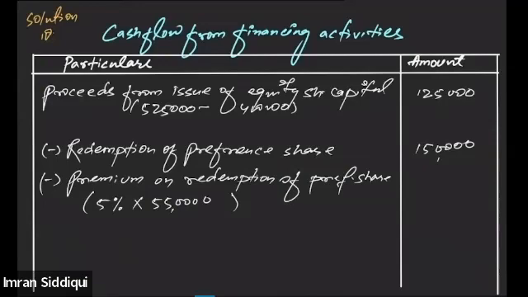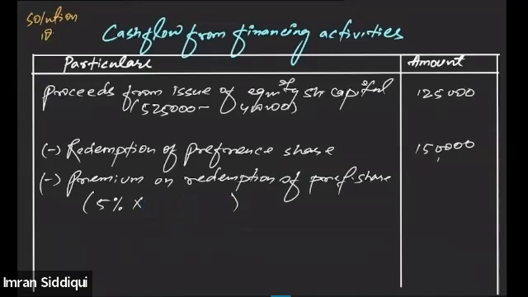So on 5,50,000, we'll be calculating 5%. So this should be, I guess, 27,000. No? Just a minute. Sorry.